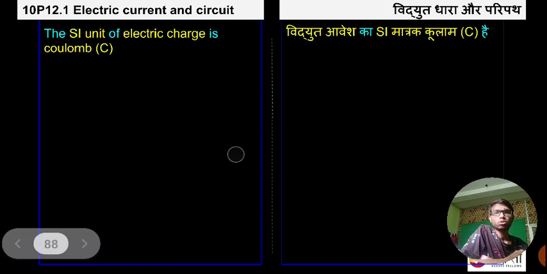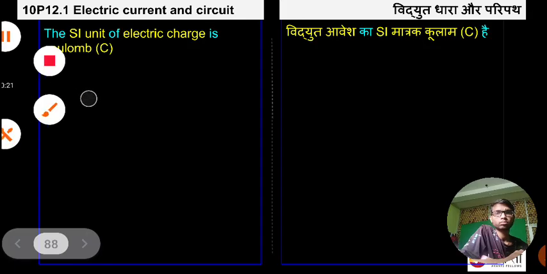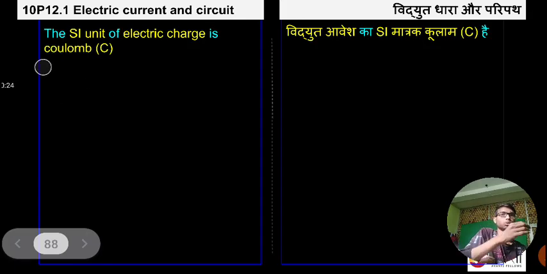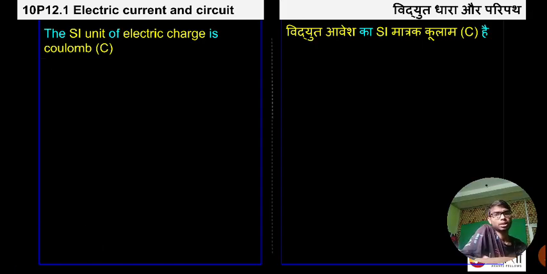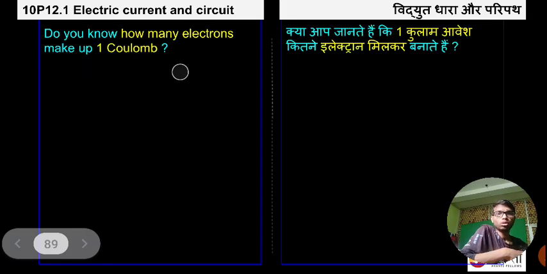The SI unit of electric charge is the coulomb. We know that electric charge is represented by Q, but the SI unit of electric charge is the coulomb, C. Do you know how many electrons make up a coulomb?